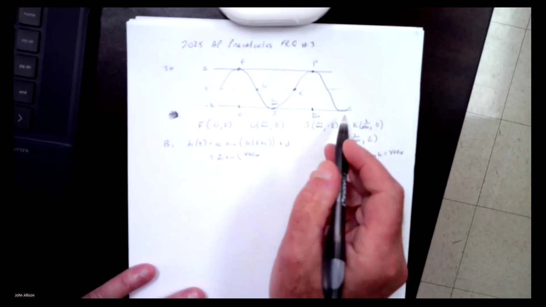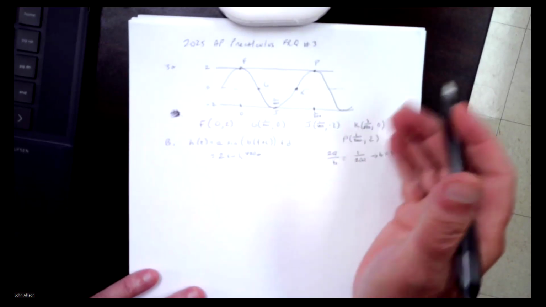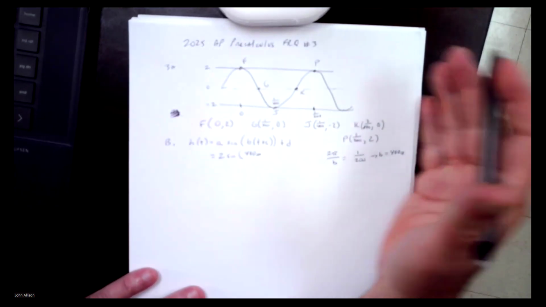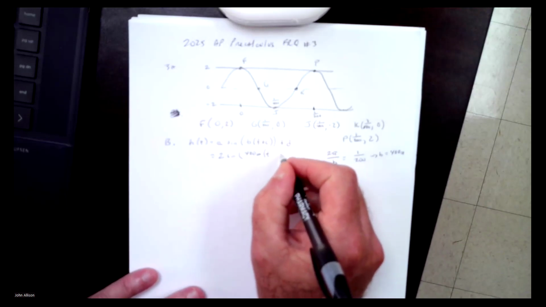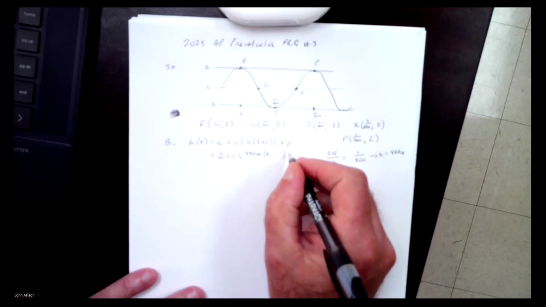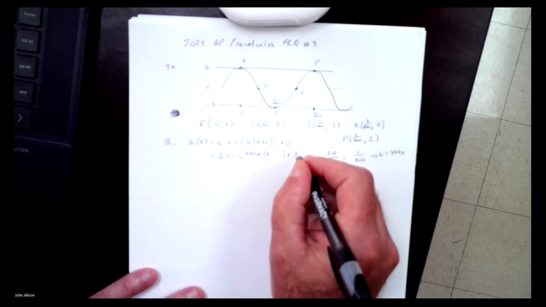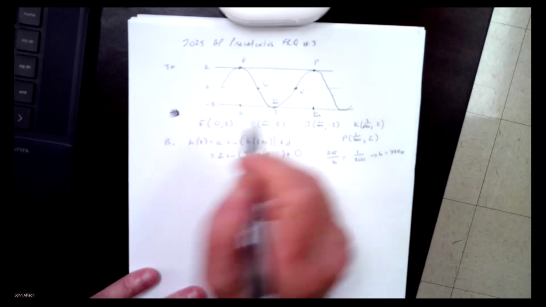If you think about this, this is a horizontal compression from 2 pi to 1/200, which is a very small number. Then we'll save the C for a second and figure that out in a minute. And then we're going to do plus D. D is 0.